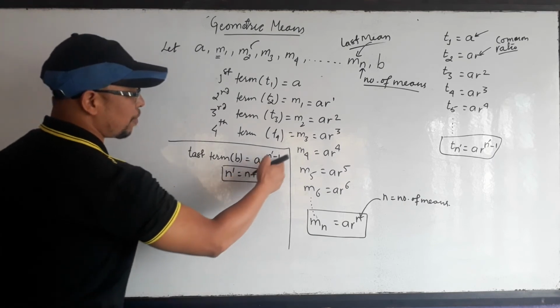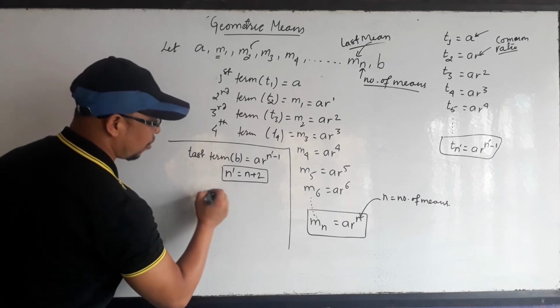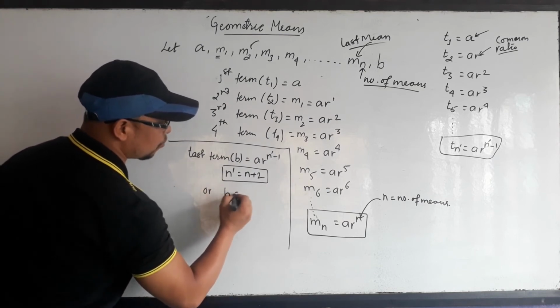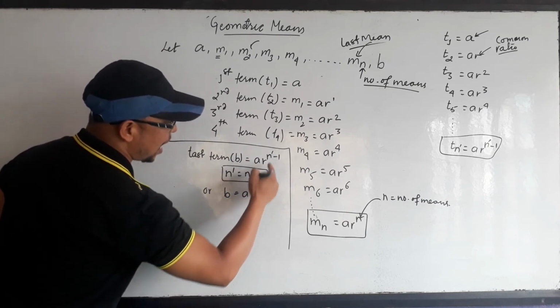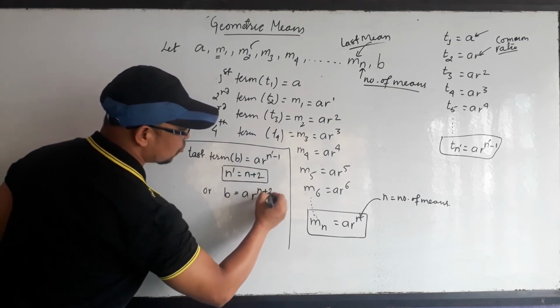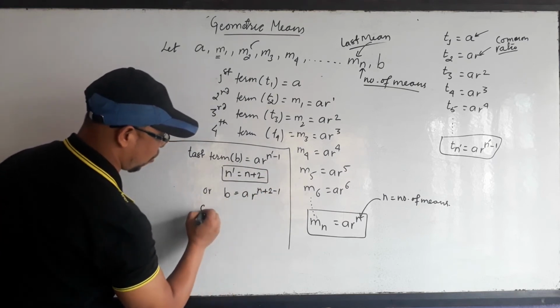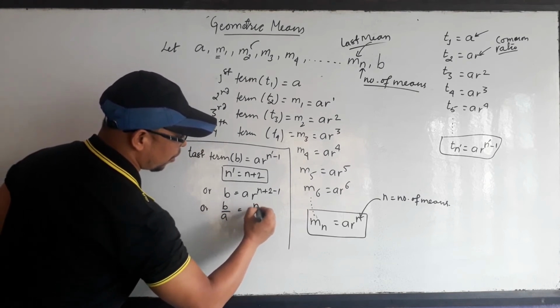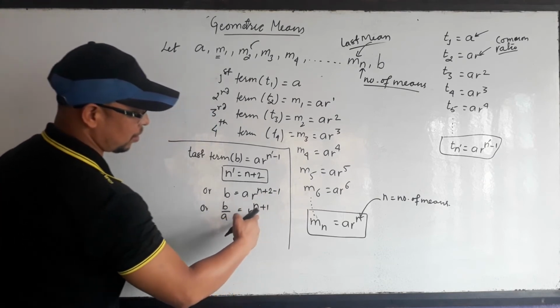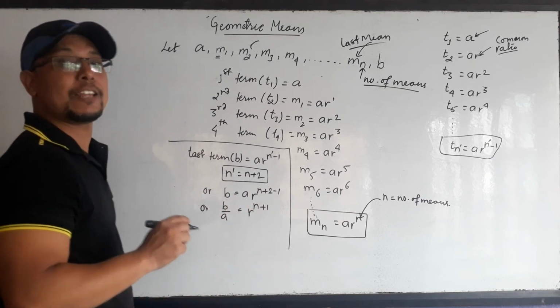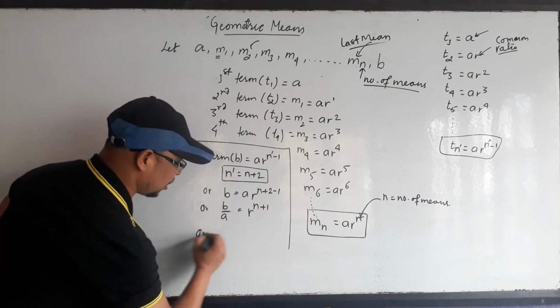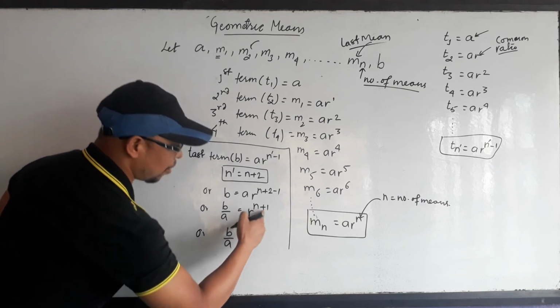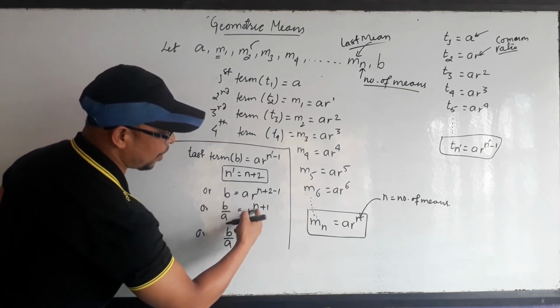Okay, let's substitute the value of n dash here. Now b equals a times r power n plus 2 minus 1. So b divided by a equals r power n plus 1, since 2 minus 1 is 1. From here you can easily find the ratio. Now this is the power.